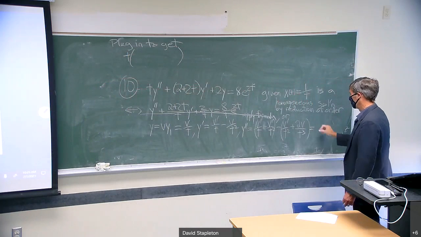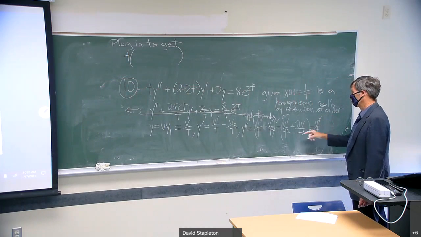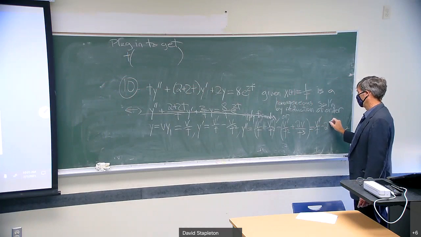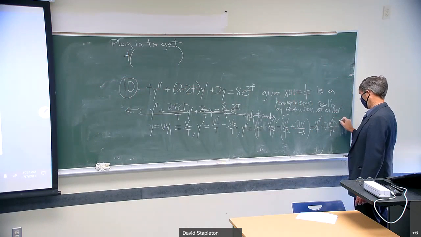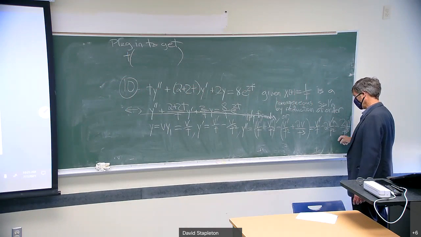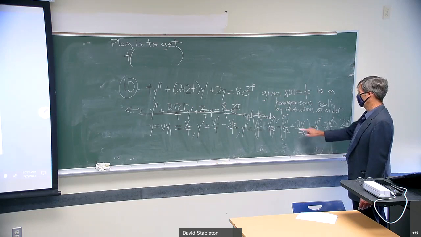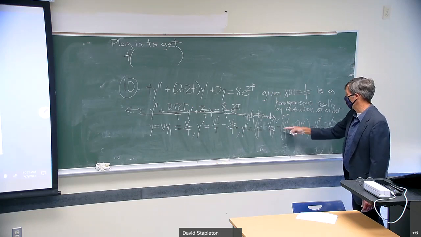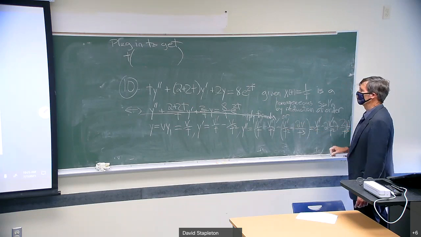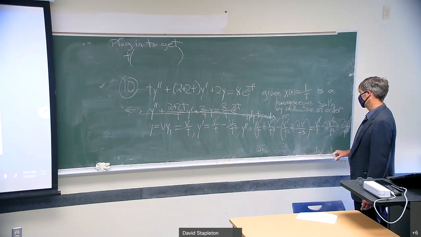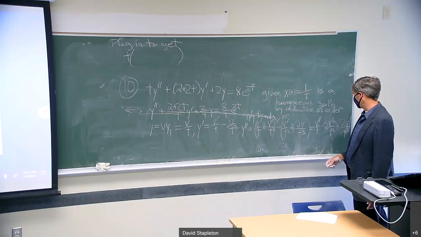This is v double prime over t minus 2 v prime over t squared plus 2v over t cubed. Wait a minute. I should have put a minus here. I put both of these together and I forgot. This is plus. I took the derivative of this one and included the minus by mistake.